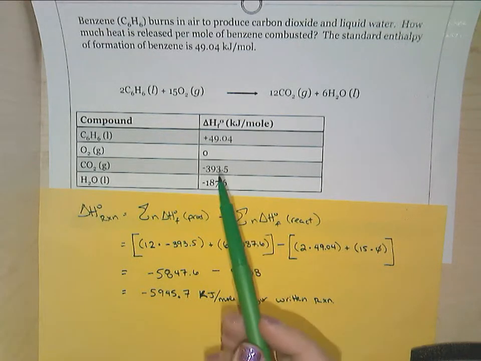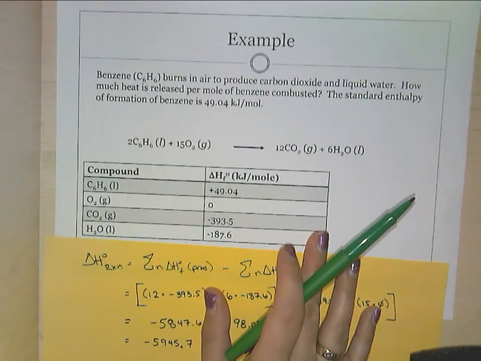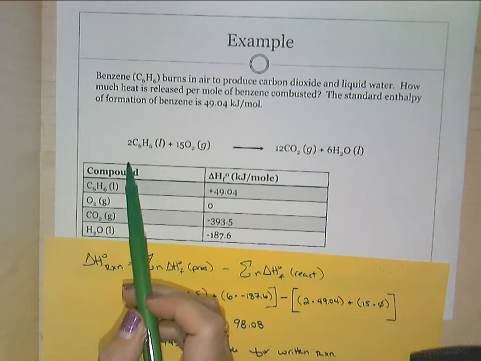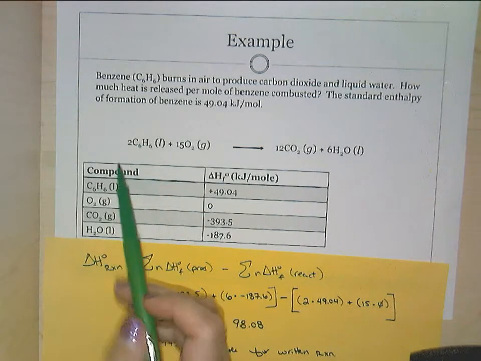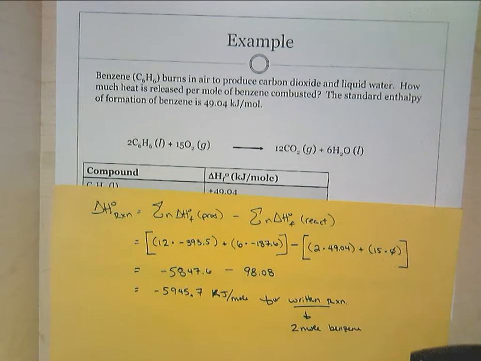The question asked me, though, how much heat is released per mole of benzene? How many moles of benzene did I blow up in this equation? Right, 2. I blew up 2 moles of benzene, which means this value is really for 2 moles benzene. Again, another tricky question I can catch you on. So how do I get per mole of 1 benzene? Divided by 2.